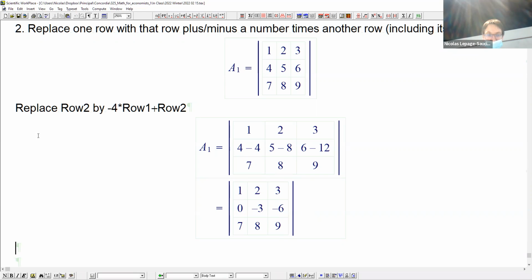Step 2. So step 2, and this would be A2. Now I'd like to get rid of this 7 there. So what should I do?